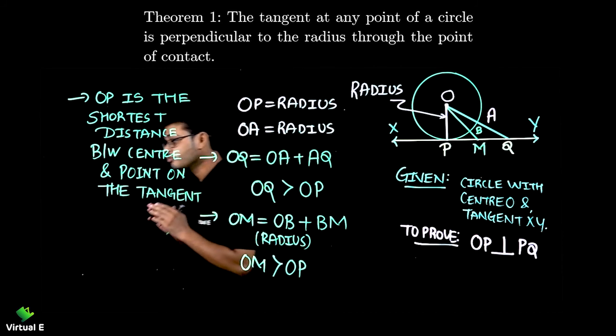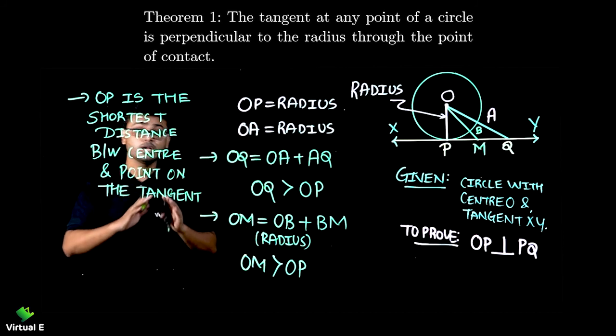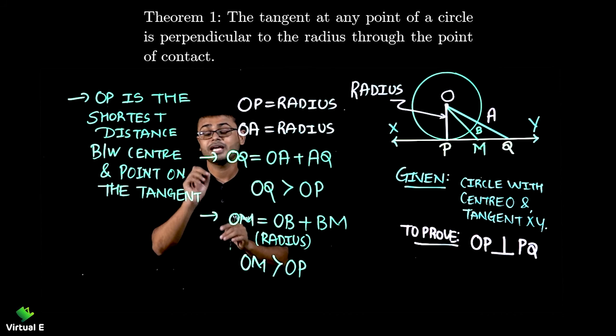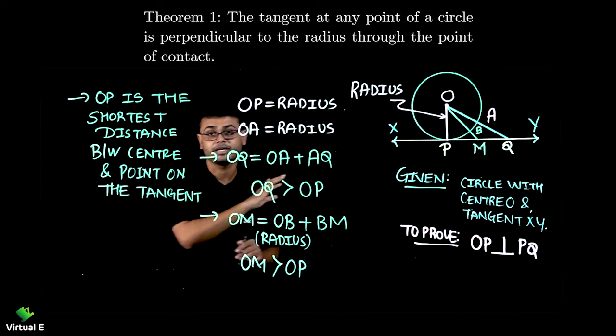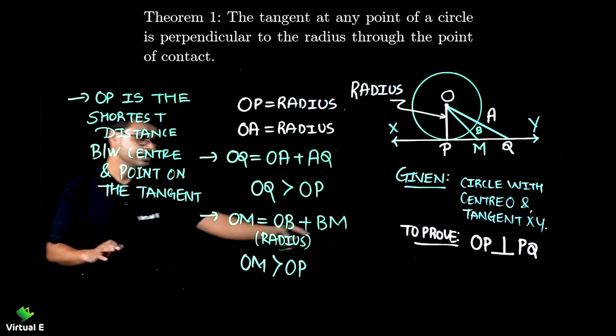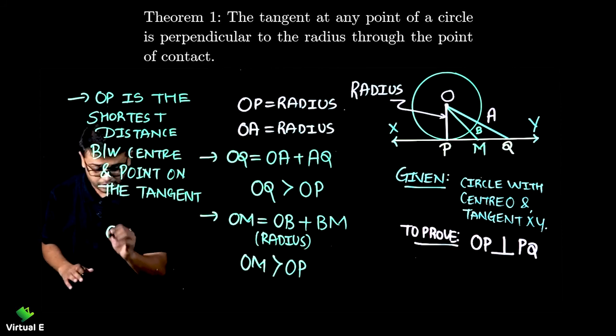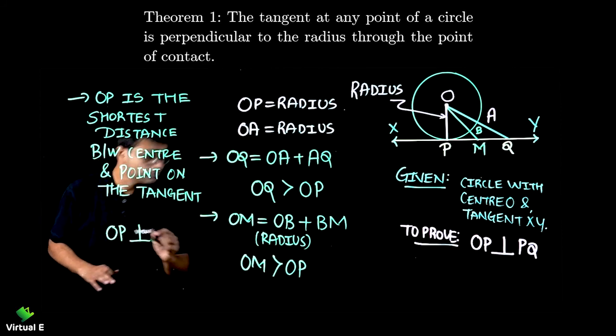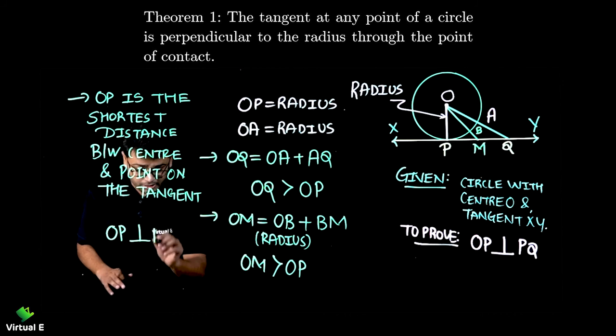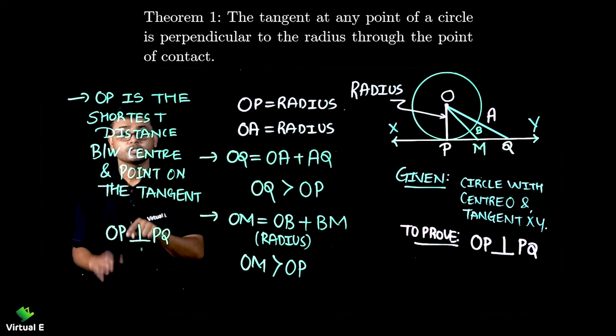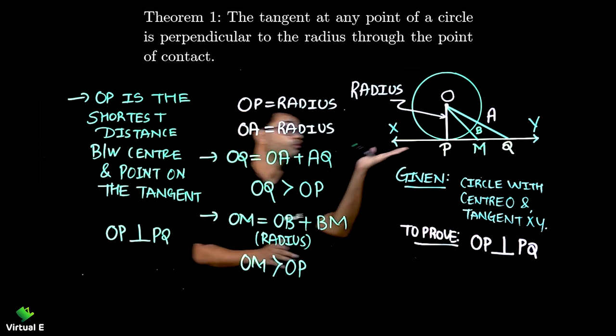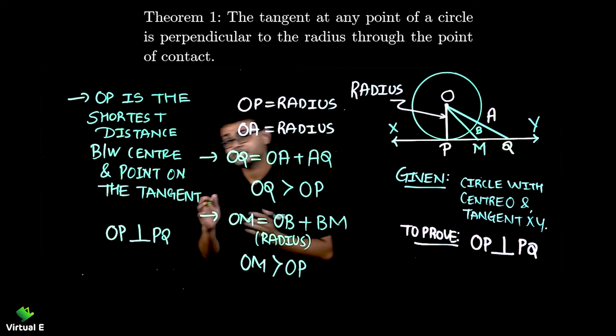When you talk about any two points, shortest distance will always be perpendicular. That's the reason that it will make 90 degrees, right? So I can finally write that what we need to prove, OP perpendicular to what? PQ, right? This is the shortest distance perpendicular to what? Which is PQ or XY as well.